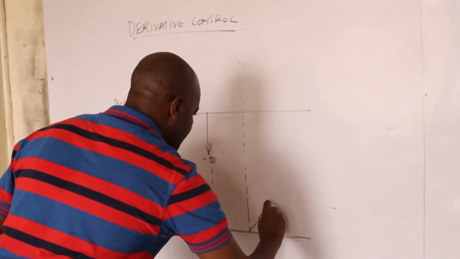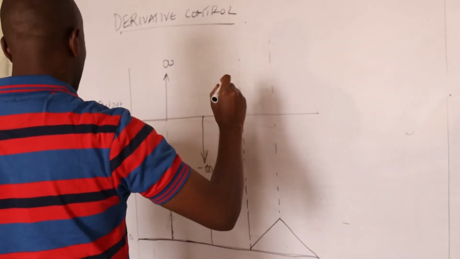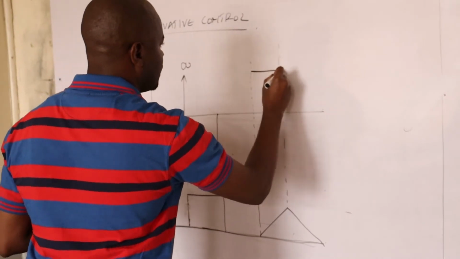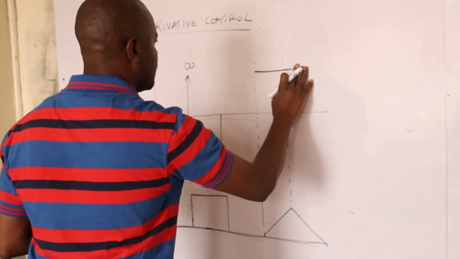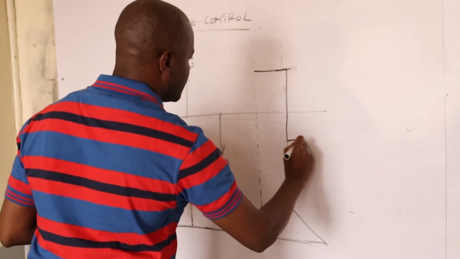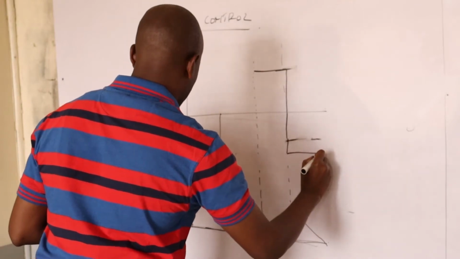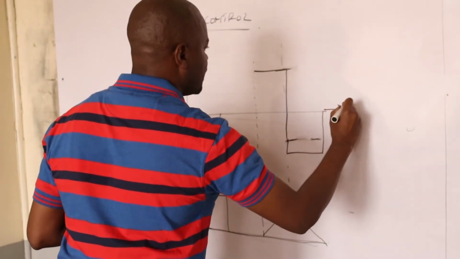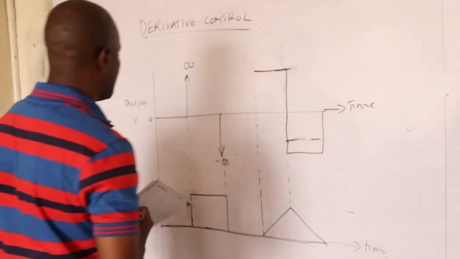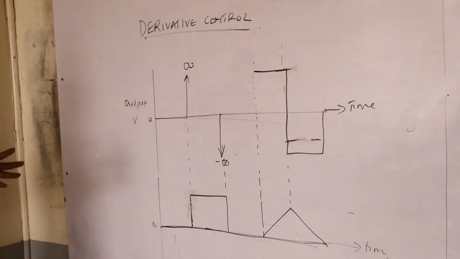For a ramp, it means that we are having an output like this, and when it is going down, it is the same. Of course, this is against time, and that is also time.